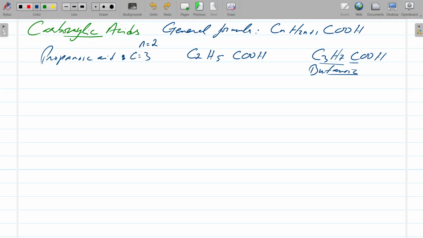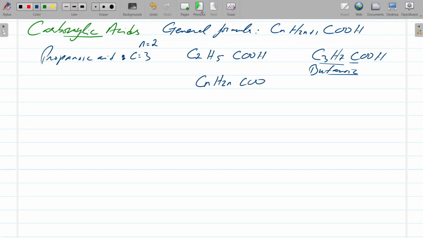What defines the molecule is the number of carbons it has. The number of hydrogens can be more or less depending on what's going on with the molecule. So in total that would be CnH2n.